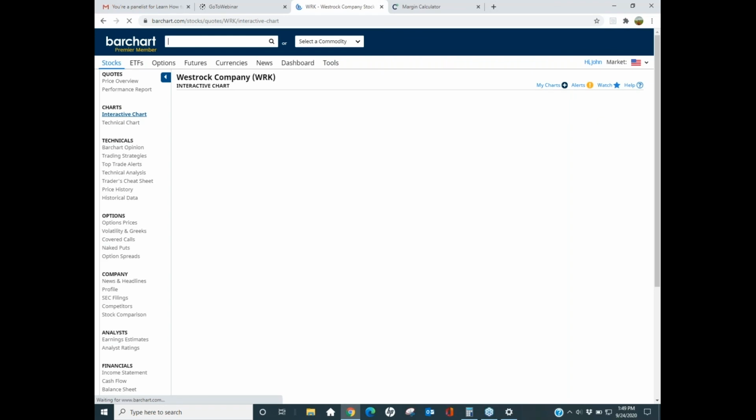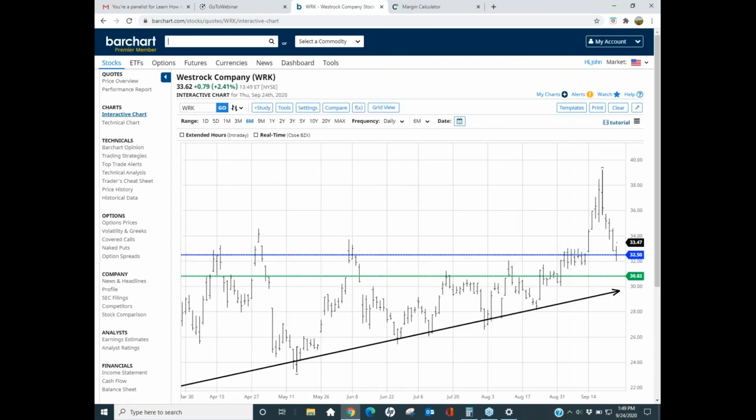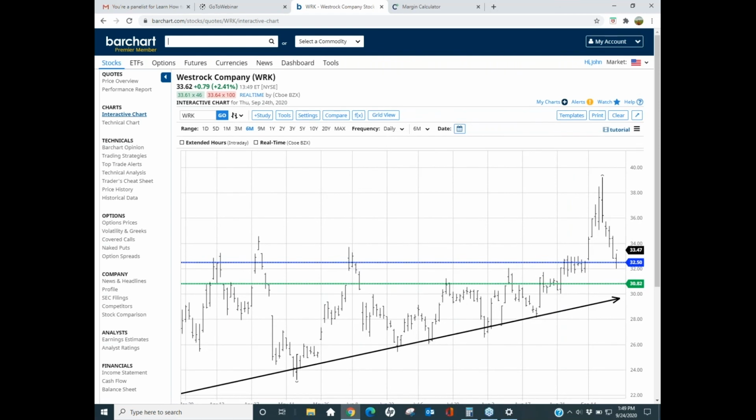And this one has been popping up on the screener for several days, and there was a lot of put premium being bought as prices were going up, which is kind of interesting. And notice today, price is in an area where we would have felt comfortable probably purchasing this stock.